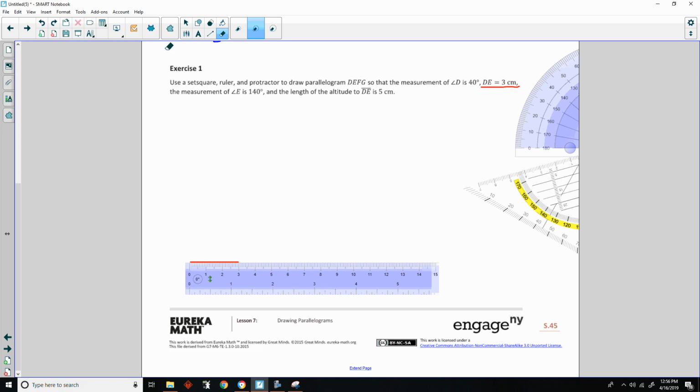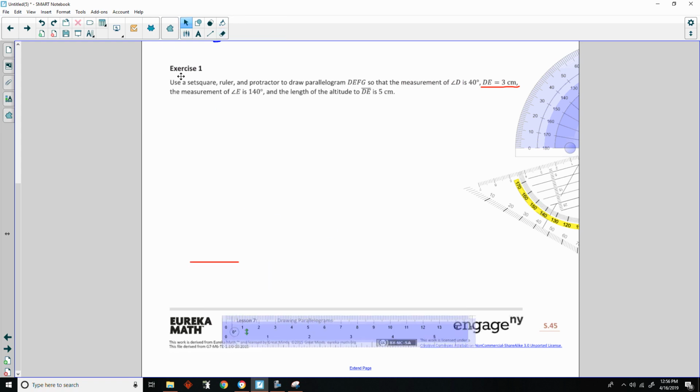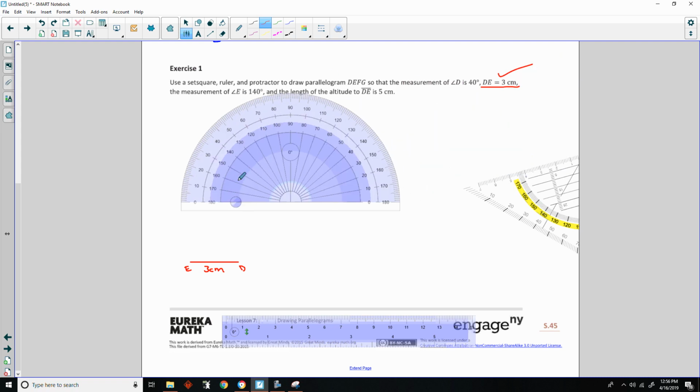Okay, so move that out of the way, label it, and let's go clockwise this time, so I'll call this D. And this is E. And it's 3 centimeters. Okay, so done. The measure of angle E is 140 degrees.